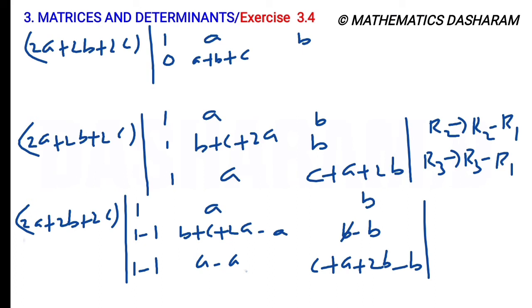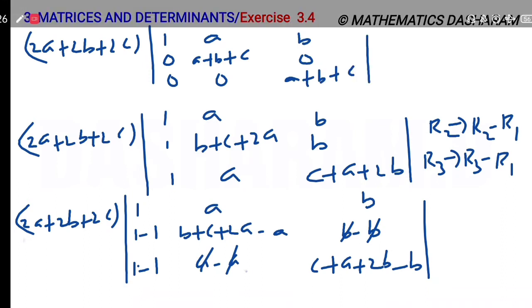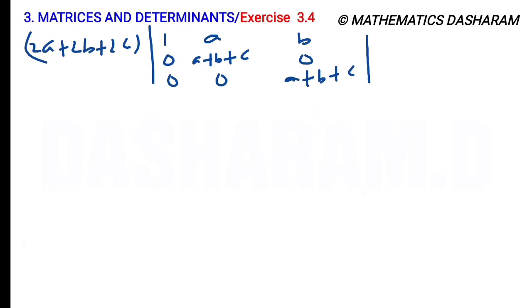So next here b minus b cancels, 0. Next here 1 minus 1, 0. Here a minus a cancels, 0. Here c plus a plus 2b minus b is a plus b plus c. So from this we can take the 2 common. So 2 bracket of a plus b plus c.